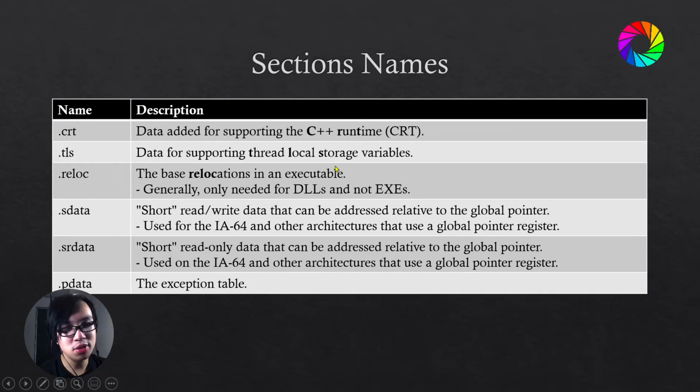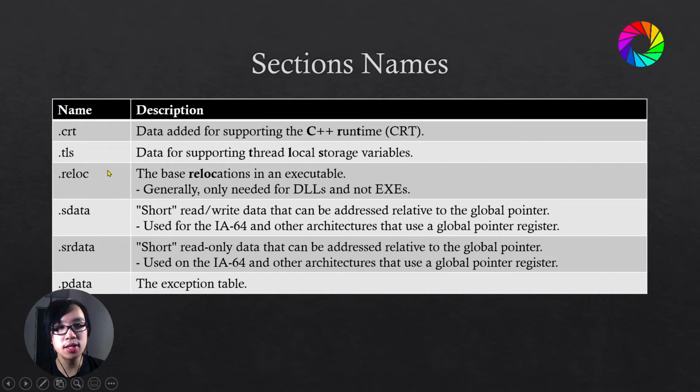Beside that, also got some of the section, which is the .CRT, which is the data added for supporting the C++ runtime. Yeah, the CRT is from the C++ and RT is from the runtime.